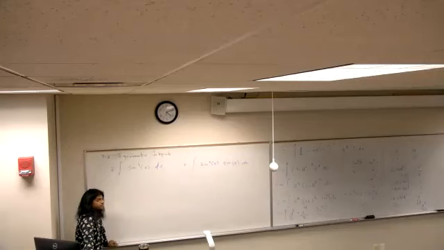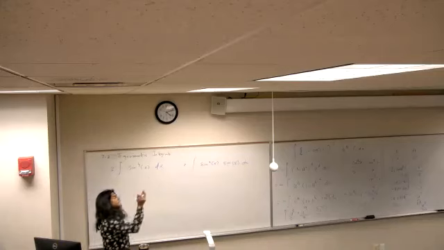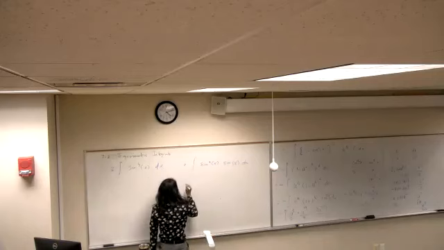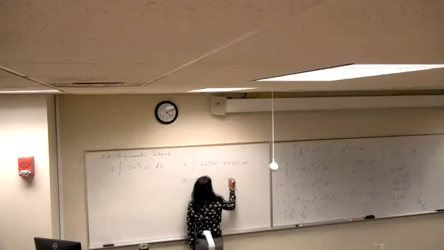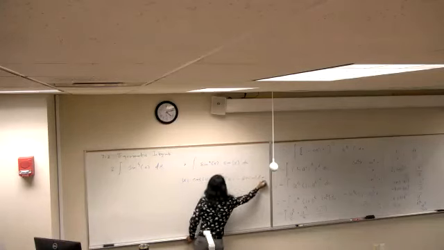Yes? Step number 2. Whatever term I split, the opposite of that must be your substitution. So if I split sine, the substitution is cosine. If I split cosine, the substitution is sine. So u will be cosine x, du is negative sine x dx.